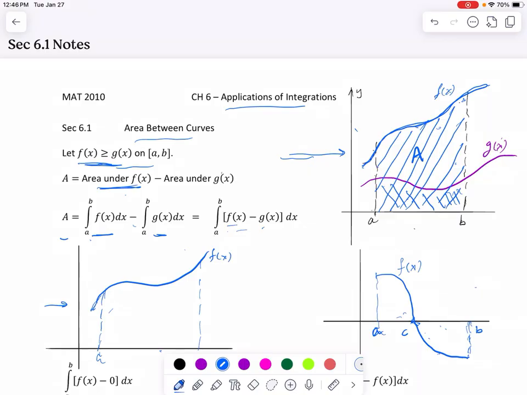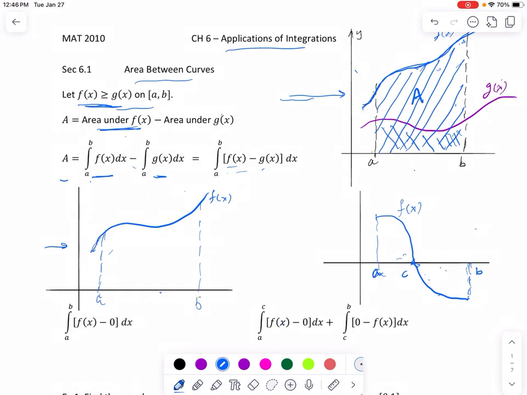So below it is bounded by the x-axis, or y is equal to 0. So the equation of our x-axis is y is equal to 0. So we see this will be the area, and we can think of it as the area between f of x and 0. So in both of these cases, the area is always positive.